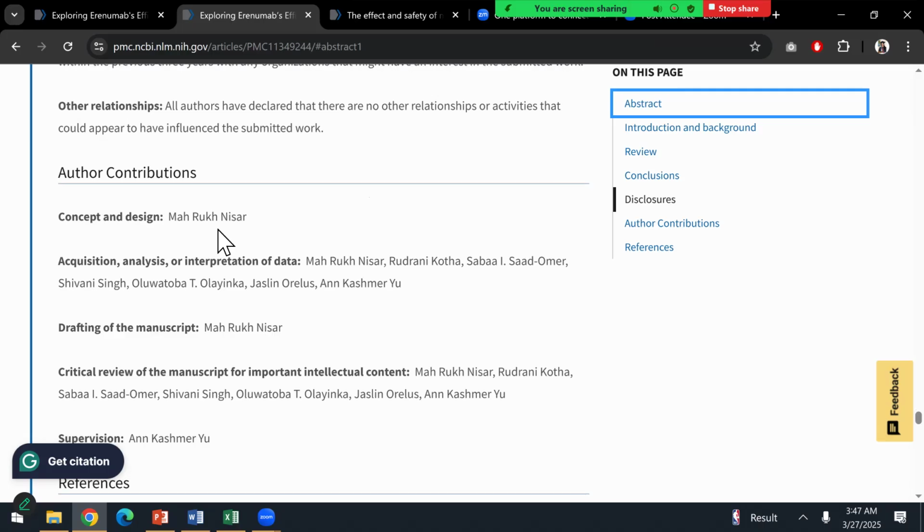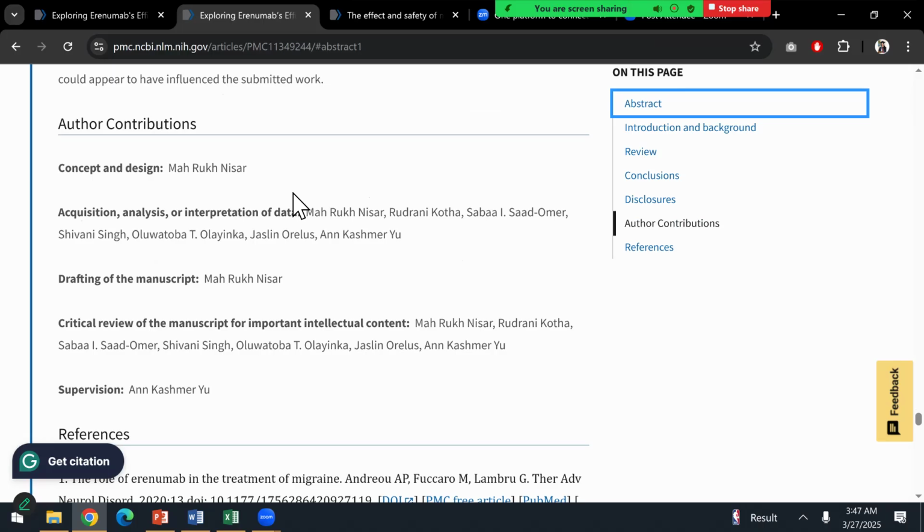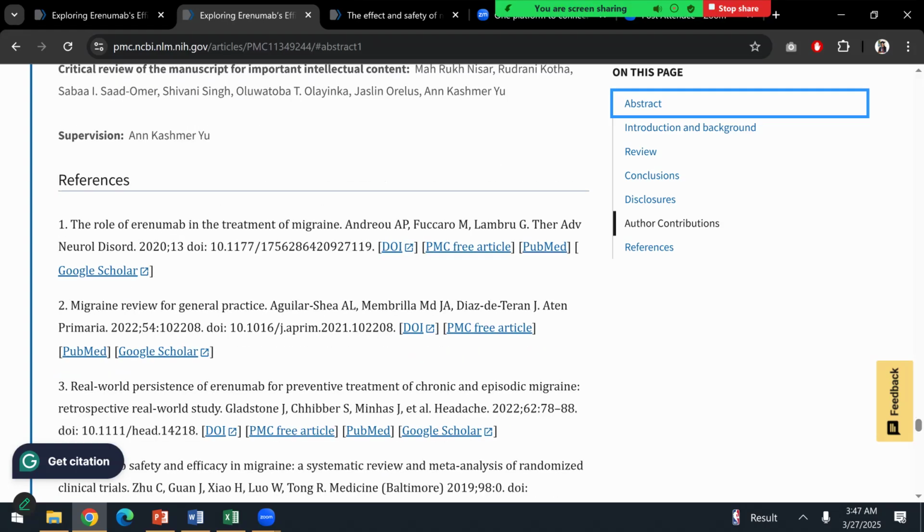And then author contributions, that concept and design would be the main first author, and then everyone would be included in the other sections. So the person who is writing the paper would be the first author. The person who is mentoring you would be the last author, and everyone would be included in the middle, second, third, and fourth author. And once you are all done with your papers, I will tell you the authorship of each one of you. And the references.